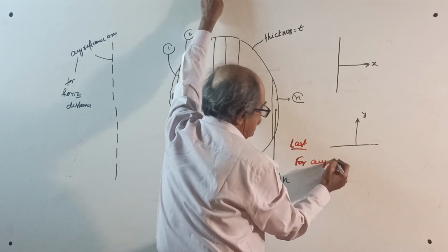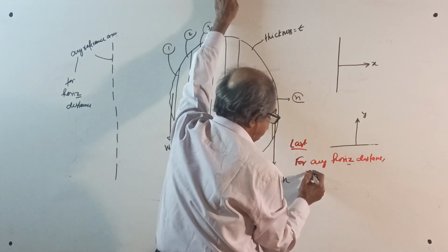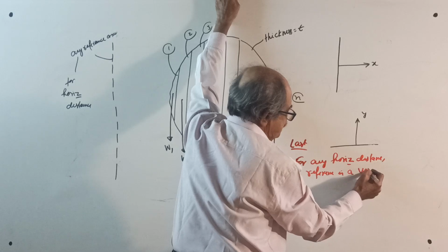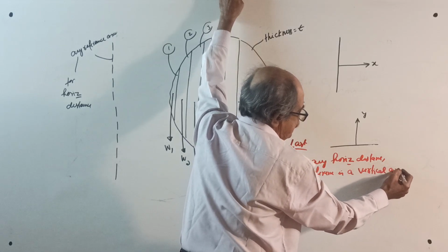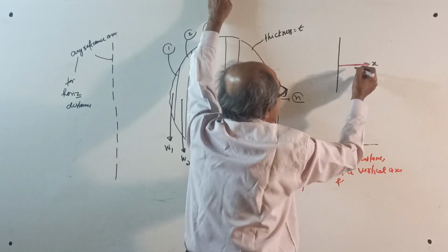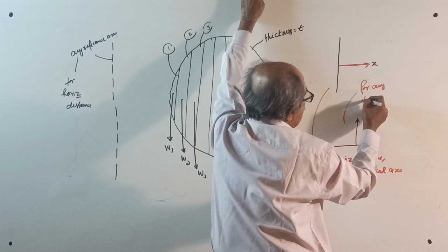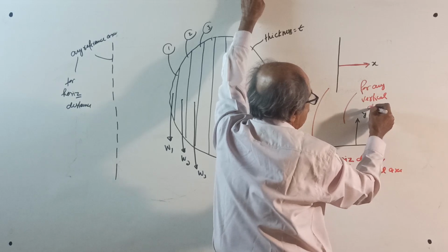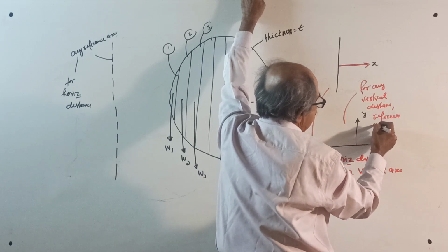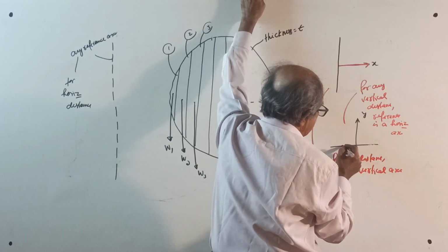For any horizontal distance, the reference is a vertical axis. And for any vertical distance, the reference is a horizontal axis.